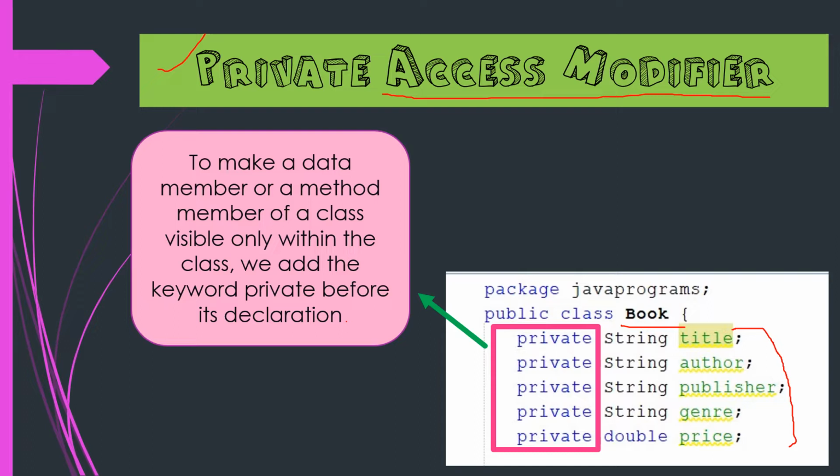So before each data member declaration we have added private, and after this you will notice that all these data members are only visible inside the class Book and not in any other class of the package.